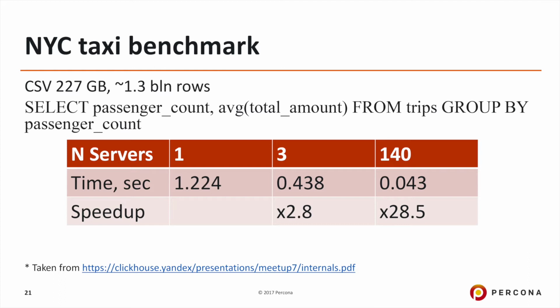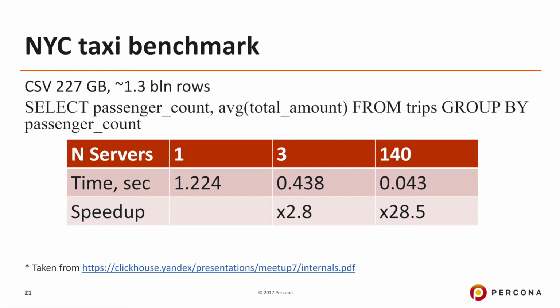In this experiment, from 1 to 3 to 140 servers, we can see how we can improve query execution time from 1.2 seconds to a little bit under half a second with 3 servers, and even further with 140 servers. Obviously, I don't think 140 servers is needed for this query, but we can see how we can improve query response time by distributing load across multiple nodes.